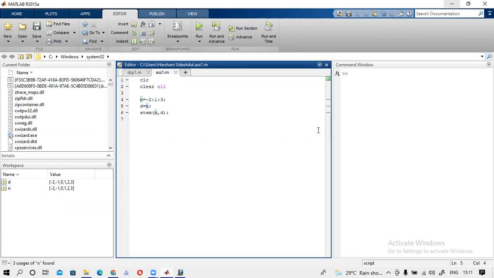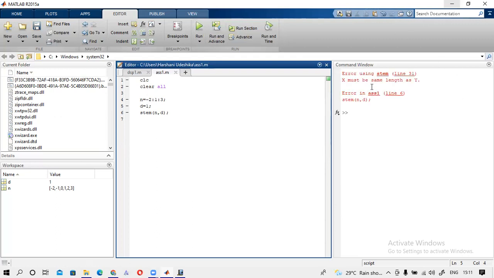It should be 1, but you have to define 1. So you can't plot this, because you will have only the d value here, and it will give you an error message: the arrays are not of the same dimension.